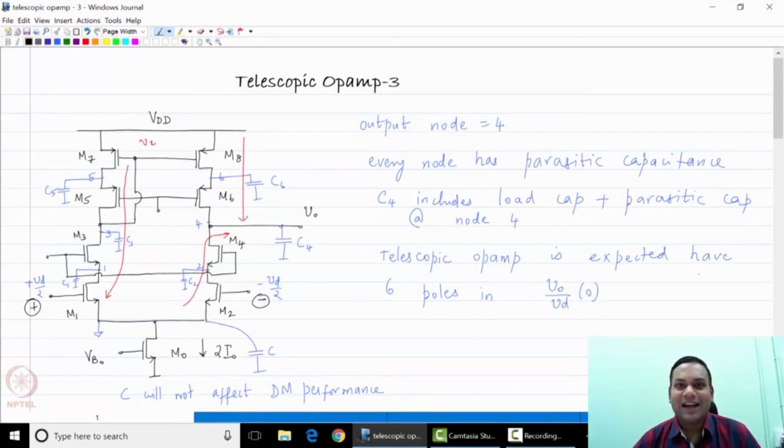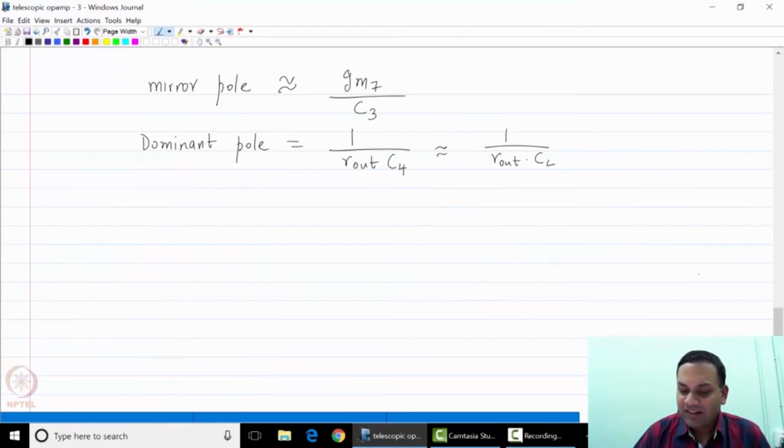So if I were to write it as a function of the dominant pole, the frequency response VO by VD of S would consist of several parts. The first part should be the DC gain of the system, that is nothing but GM1 times R out.